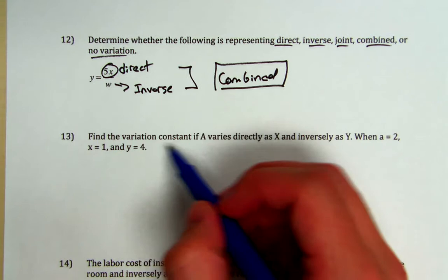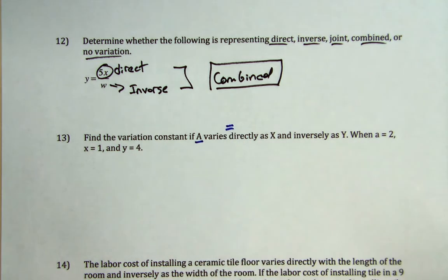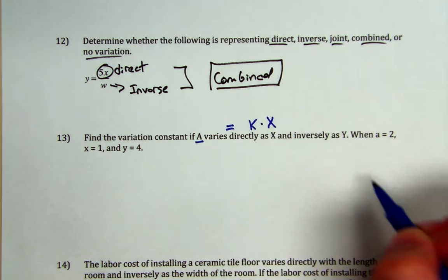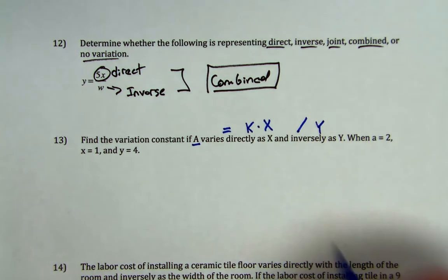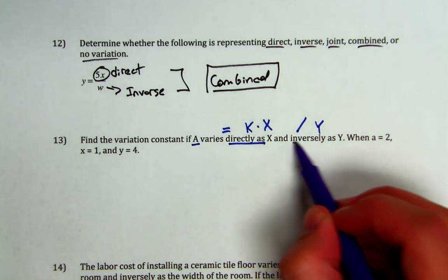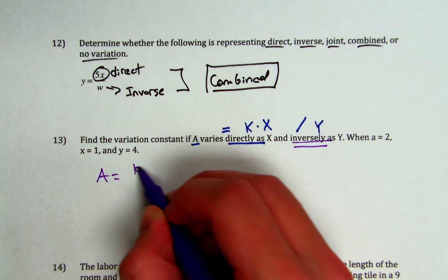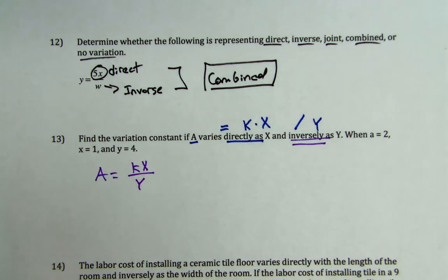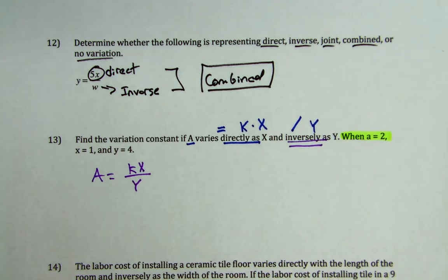Alright, find the variation constant if A varies directly, so equals directly, so k, as x, and inversely, so I need to divide by y. So I've got directly as x and inversely as y. So A equals kx over y. So now I know that A is 2.